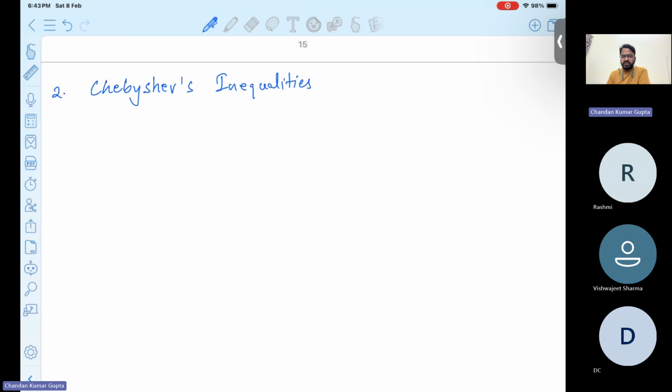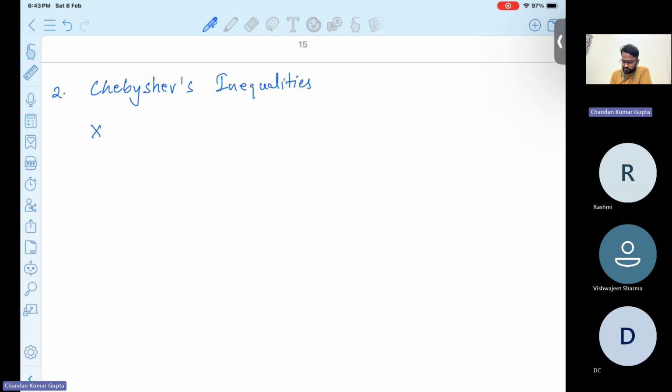That means mean and variance are both known, but the distribution is not known. We do not know which type of distribution the random variable x follows, but we know that x has a mean and variance. With the help of these we can construct an inequality, and this one is given by Chebyshev, so it is called Chebyshev's inequality.